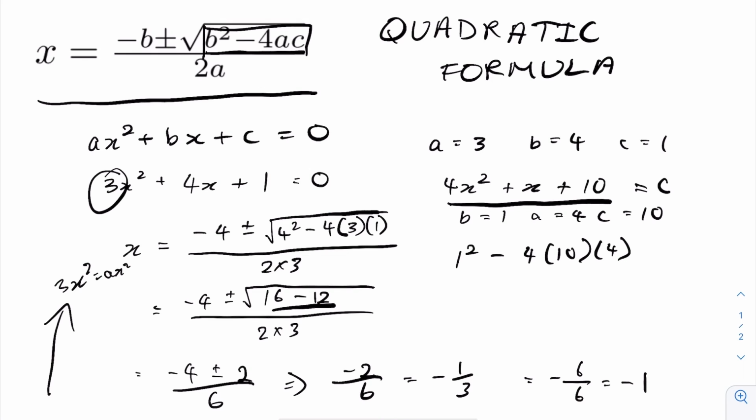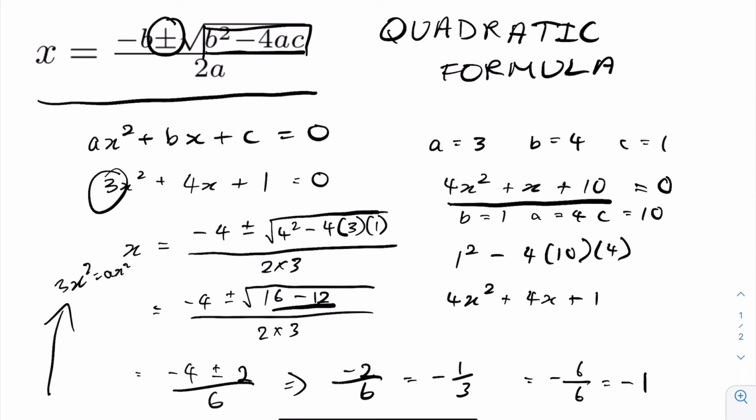This cannot equal 0. And let's say b squared minus 4ac is equal to 0. That means there's only one solution, because over here the plus minus wouldn't matter. It would just be plus minus 0, which is just 0. So let's take an equation like 4x squared plus 4x plus 1.